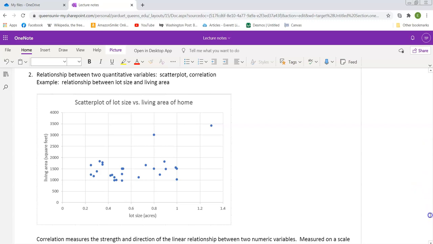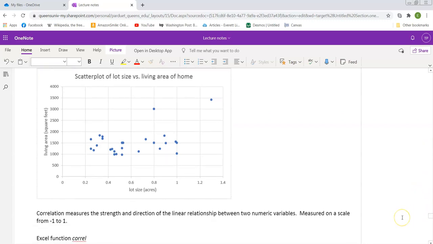And that's where correlation comes into play. Correlation is something that we did not cover from, I think it was section 3.5, because I wanted to get to scatter plots first. So this is kind of a detour into that section.